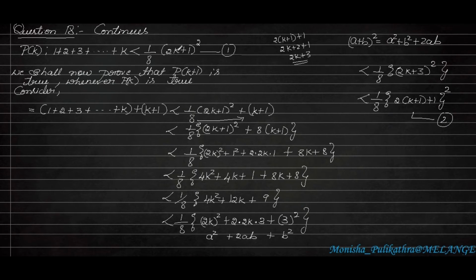We can conclude it as 1 by 8 into 2 into K plus 1 plus 1, in the place of K, here K plus 1 is there. Therefore, P of K plus 1 is true whenever P of K is true.